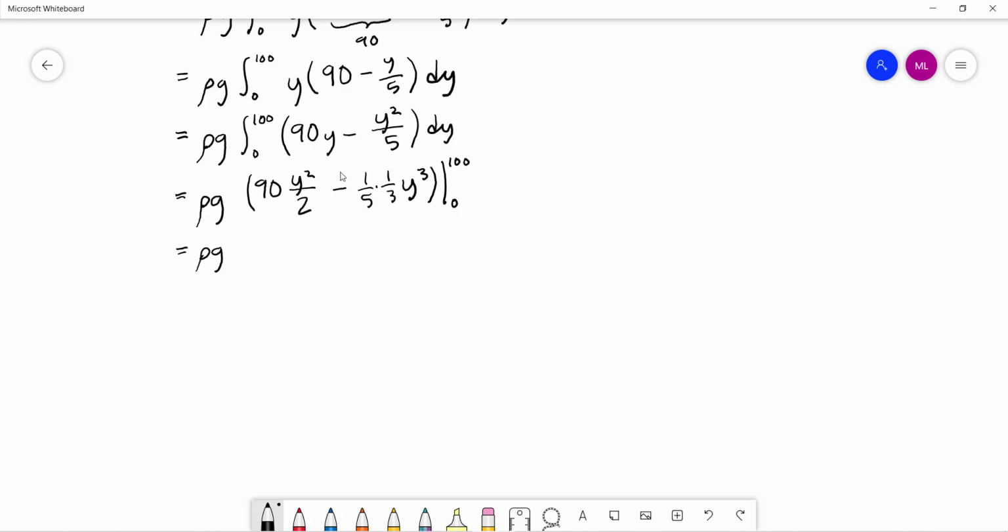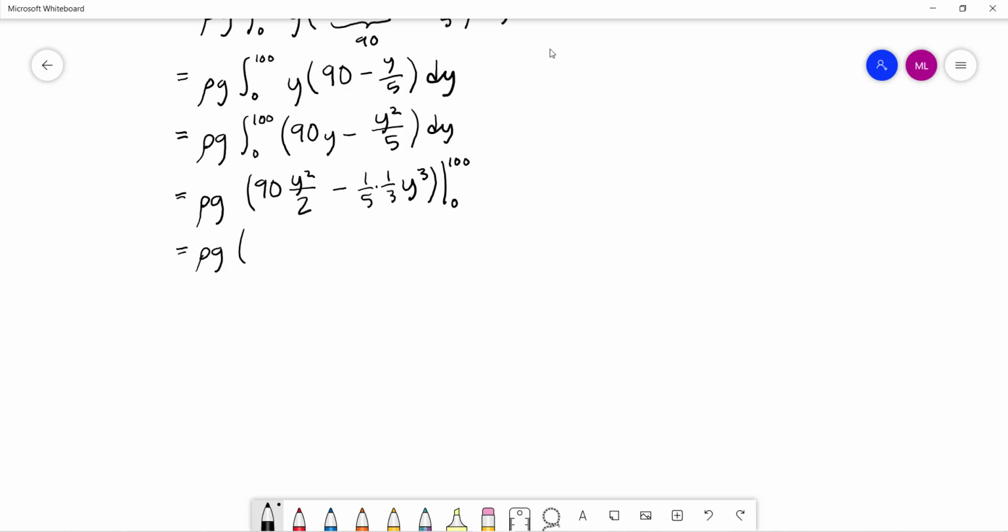But over here I'm going to have 90. 100 squared is, what, 10,000? Is that right? Yeah. So 10,000 divided by 2 is going to be 5,000 times 90. It's going to give me 450,000. Let's just do this on a calculator, not having one of those days today.